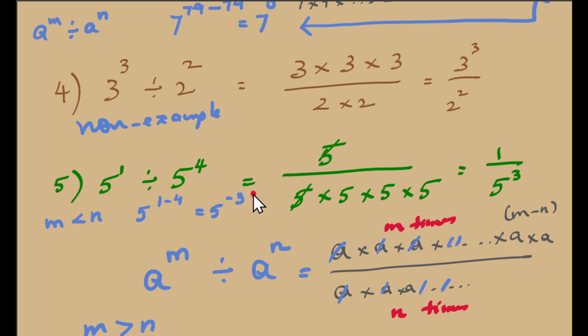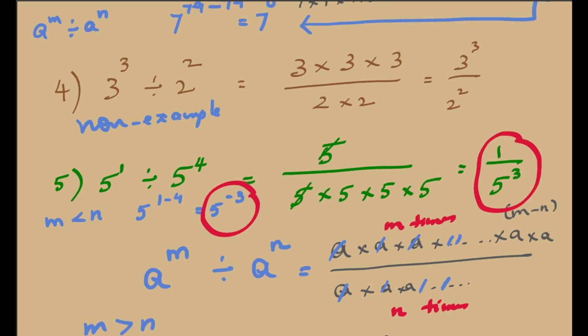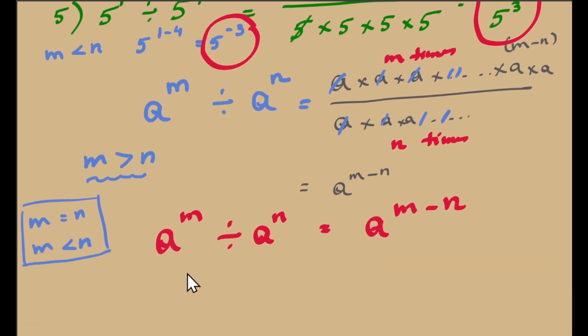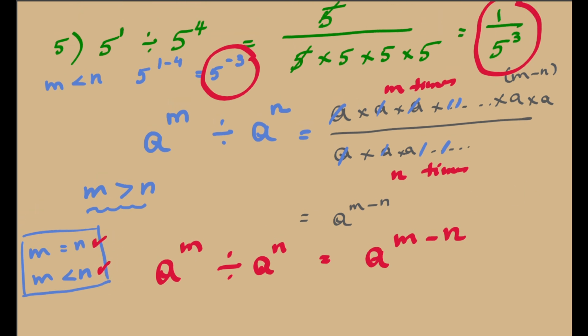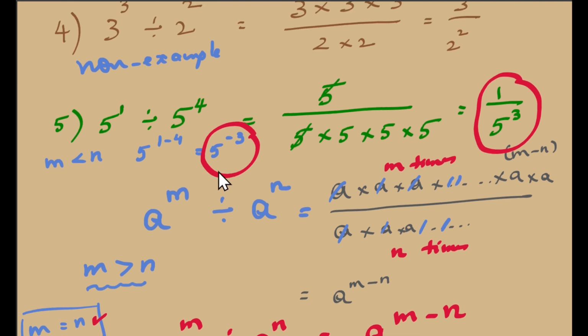So is 5 raised to the power minus 3 equal to 1 by 5 raised to the power 3? We do not know as of now, but let me tell you just one thing. The law holds good for m less than n also, m equal to n also. So there is something more for us to learn here, and we will certainly do it in our following videos.